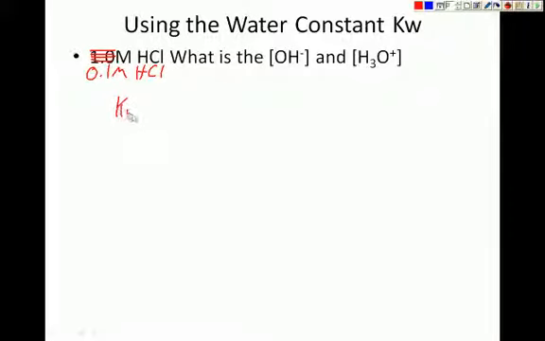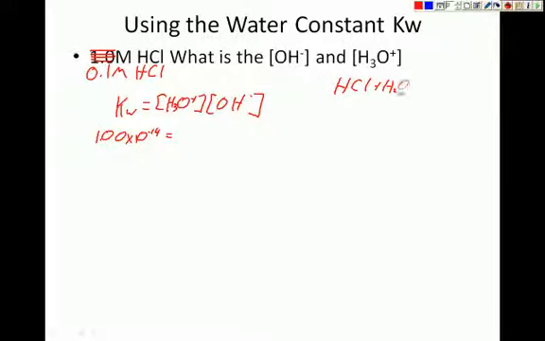So again, Kw equals H3O+ times OH-. At 25 degrees, this is 1.00 times 10 to the minus 14 equals, now our H3O+ is equal to our HCl.